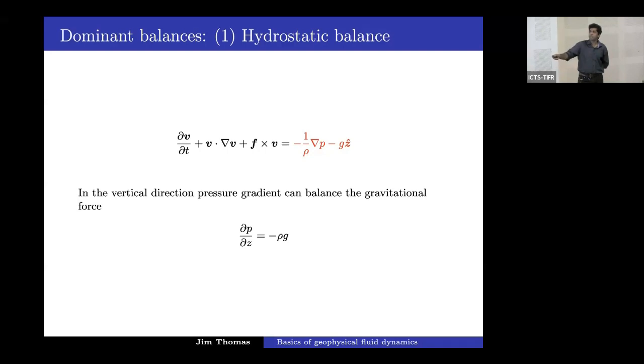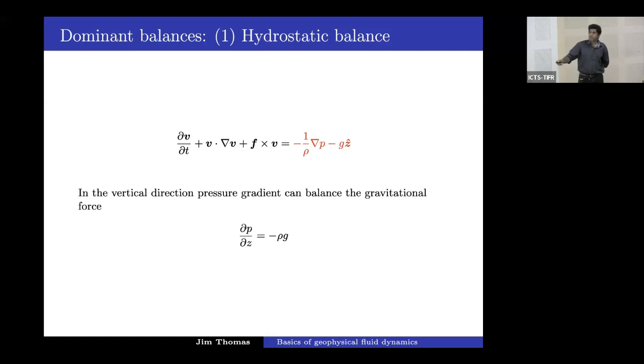This is the full equation that we saw earlier. If we focus on this red part and look at the vertical balance, to leading order you find in the atmosphere and the ocean that the pressure gradient in the vertical direction matches the gravitational force. So this is the dominant balance, and the flow appears as a weak perturbation sometimes.